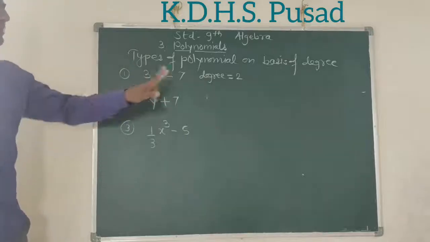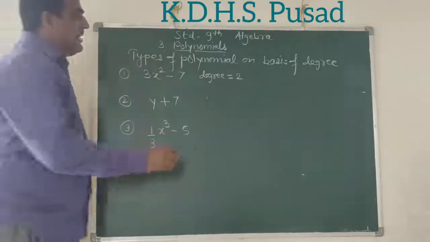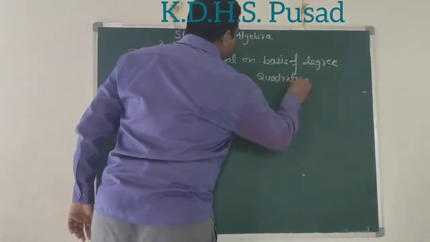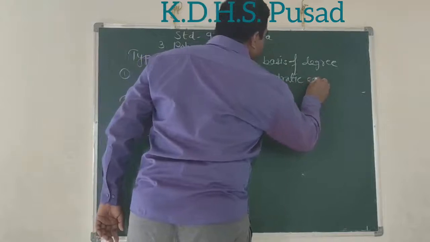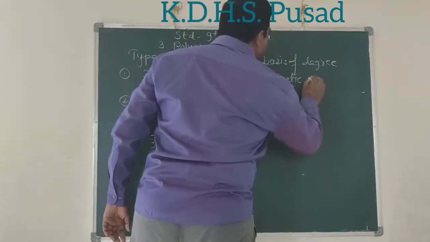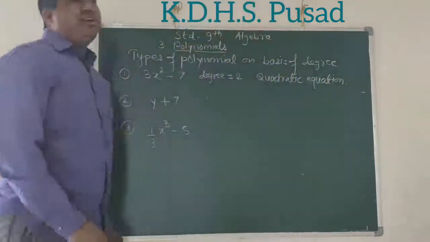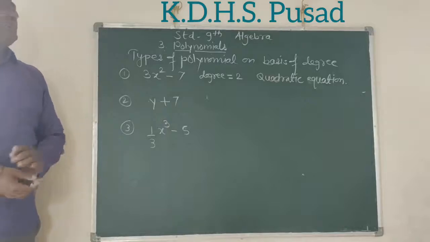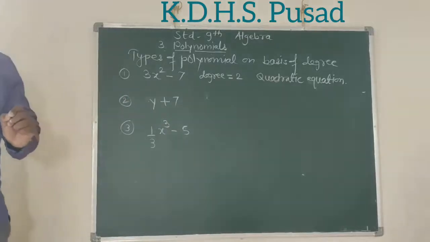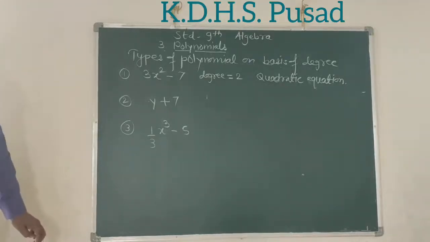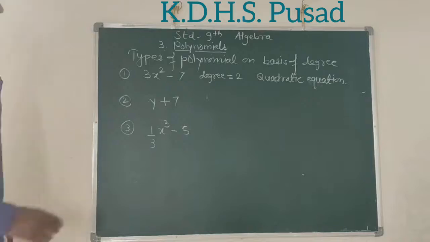When the degree is 2, that is called a quadratic polynomial or quadratic equation. When the degree of a polynomial is 2, it is called a quadratic polynomial or quadratic equation.